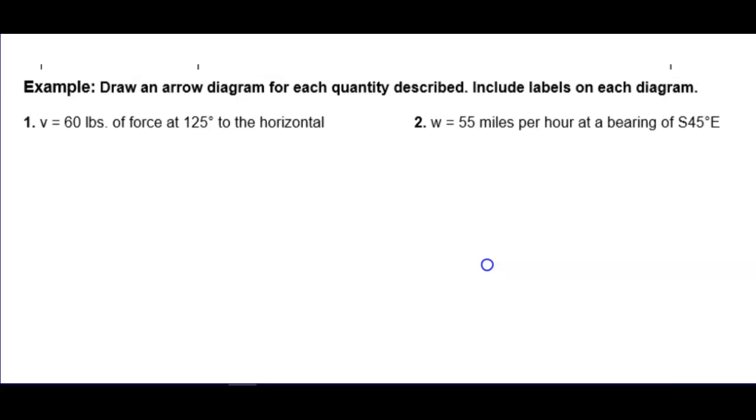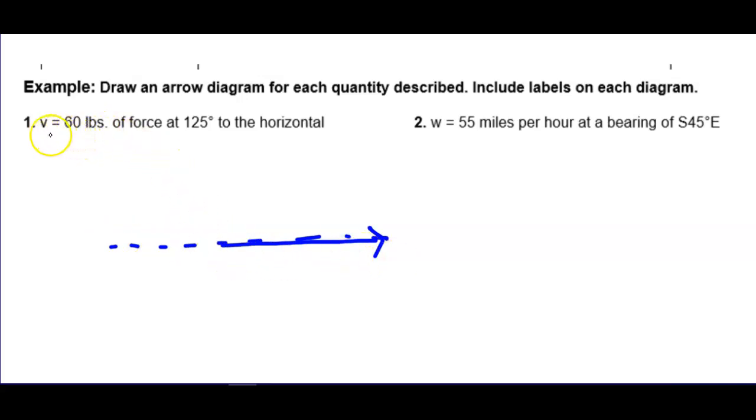All right, now we're going to get to what is going to help us learn to add vectors eventually. But for today, the start of this, we're just going to draw them, and then we're going to find their components. All right, so any angle given without a direction is going to be from the positive x-axis. Okay, so this is just our positive x-axis, it's not the vector.